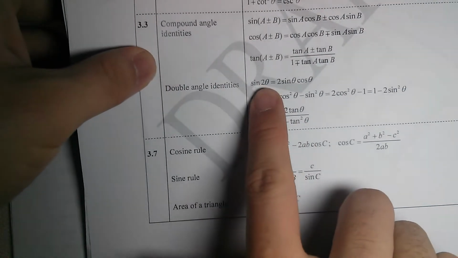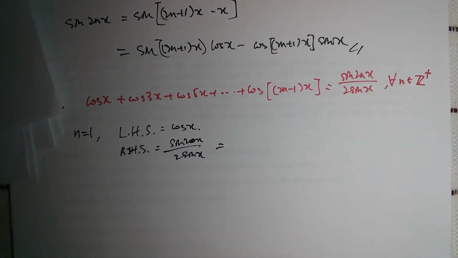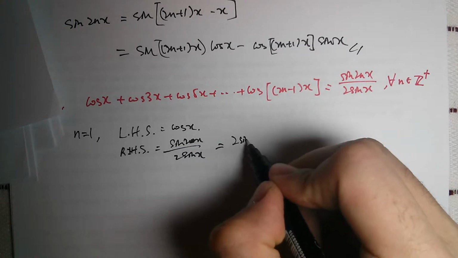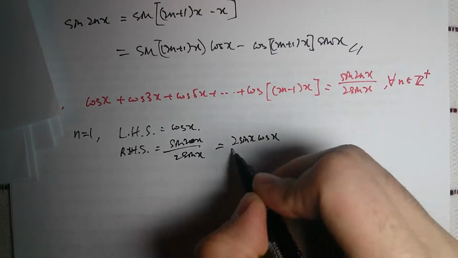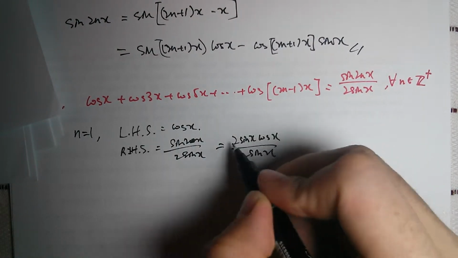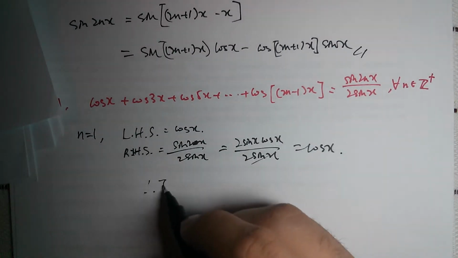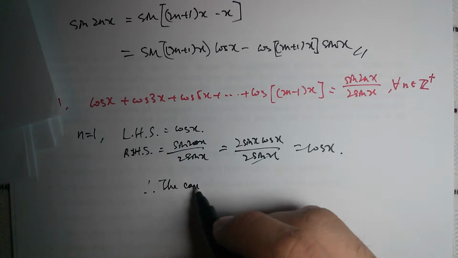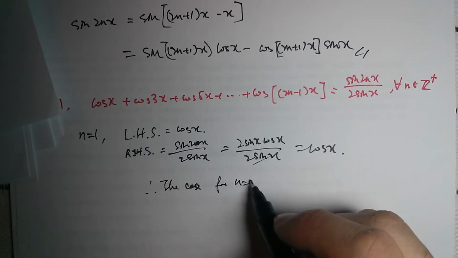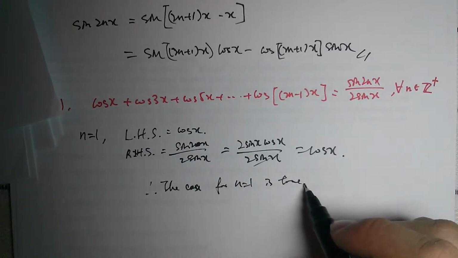The 2 would remind you to use the double angle formula, which is 2 sine x cosine x over 2 sine x. Cancel out sine x, and we get cosine x. Therefore, the case for n equal to 1 is true.